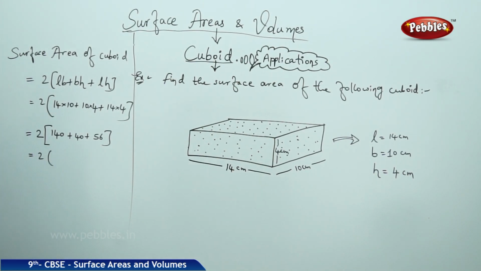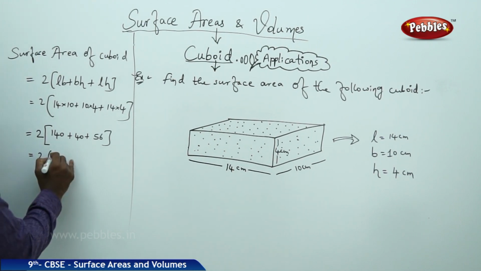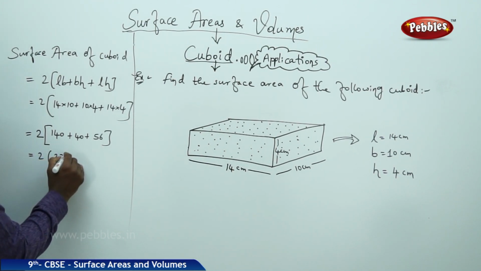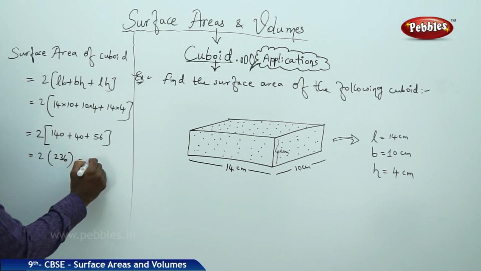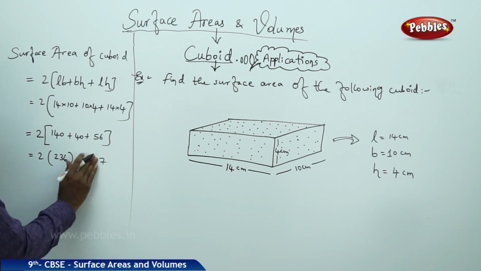And this comes out to be 236. 2 times 236 is 472 is what we get.